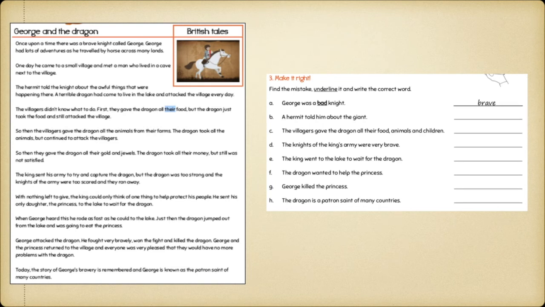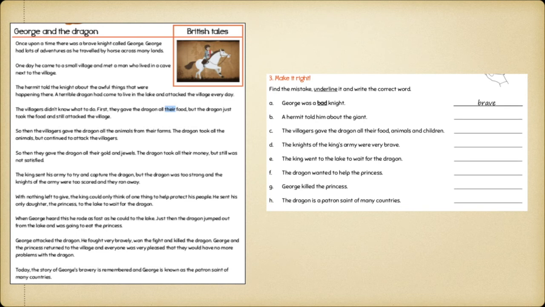If they weren't, what do you change brave for? Which word? You can find the sentence opposite. I'm going to read it to you to help you. The king sent his army to try and capture the dragon, but the dragon was too strong and the knights of the army were too scared and they ran away. So which word in the sentence could you use?